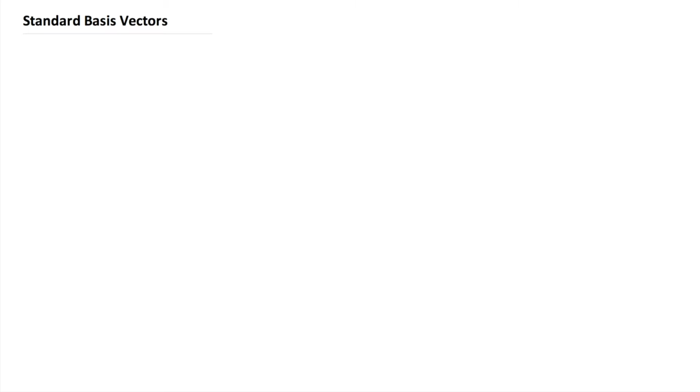So the standard basis vectors in R2 are i and j. So i, which is this vector (1, 0), and j, which is this vector (0, 1).